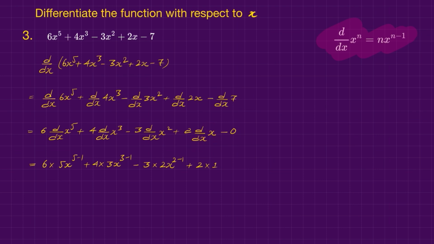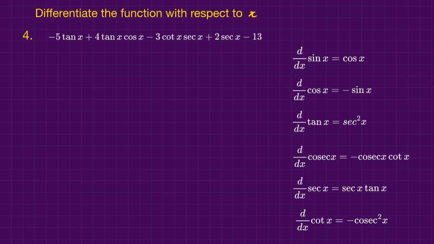Okay, so if I simplify, it will be 6 times 5 is 30 x to the power 4 plus 4 times 3 is 12 x to the power 2 minus 3 times 2 is 6 x to the power 1, which can be written as x, plus 2 times 1 is 2. So this is the answer for this question.